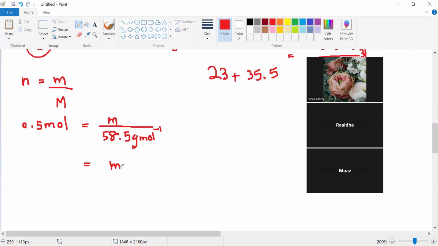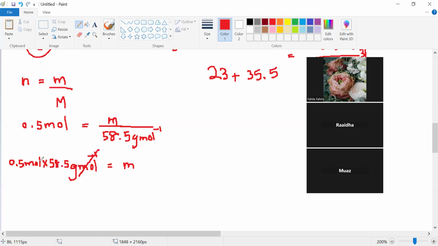So, m is equal to 0.5 mol times 58.5 g mol^-1 is equal to m.